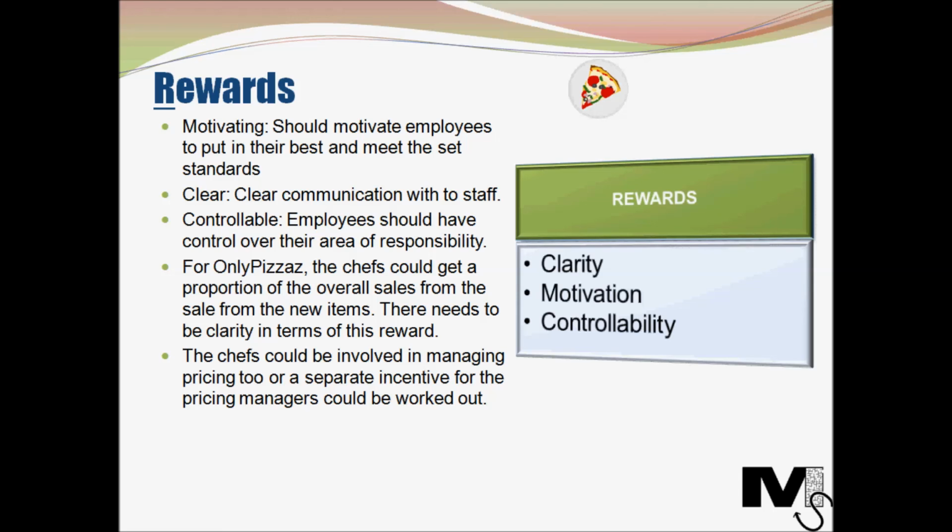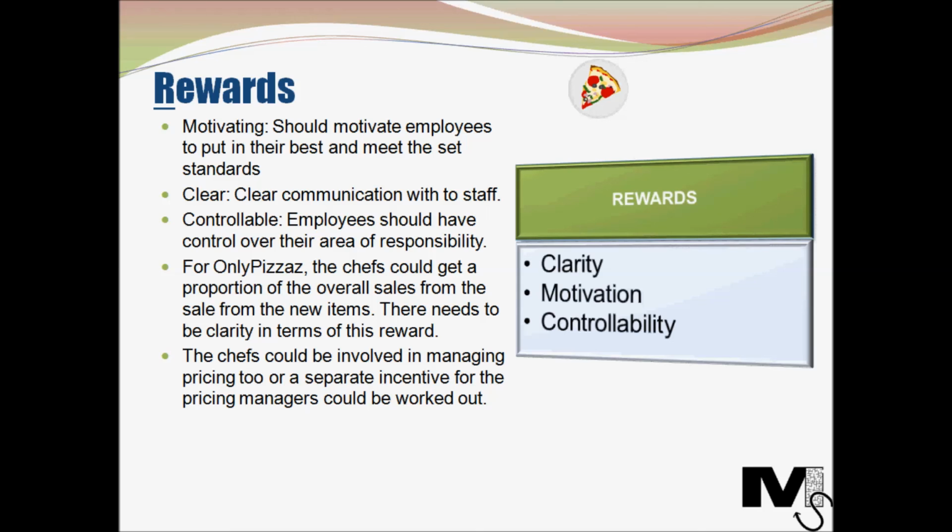There needs to be clarity, however, in terms of how much the rewards are going to be. But the management also needs to consider controllability in that same situation. This is because if the cost for the item is kept too high, people might not buy the newer items, and the sales will actually be affected by that.